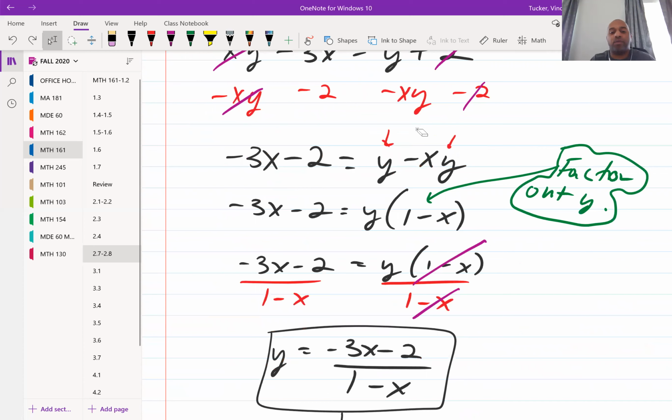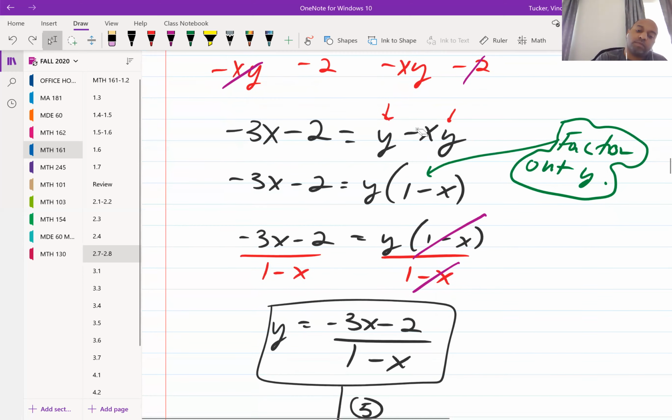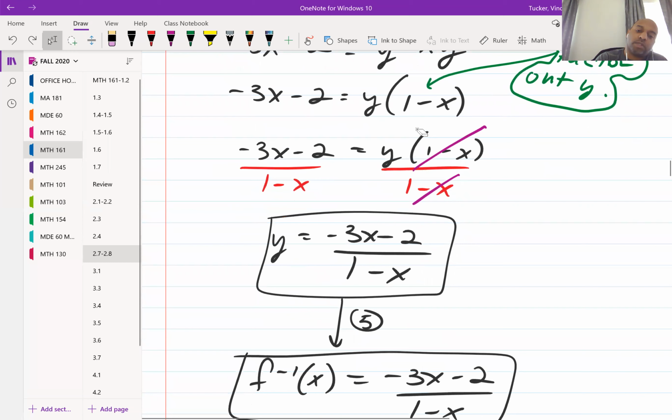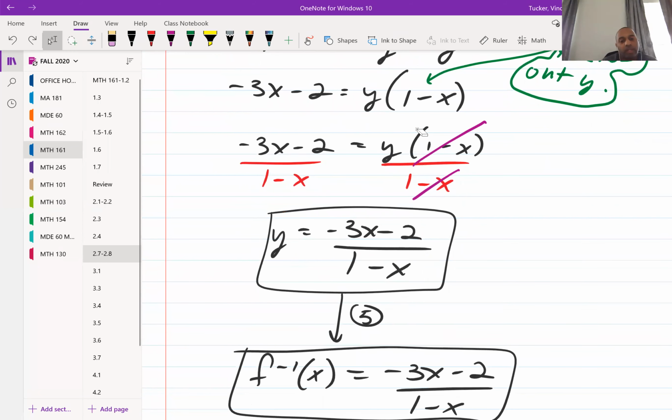Then I have y equal to negative 3x minus 2 over 1 minus x. And then final step, f inverse of x is plug in for y.